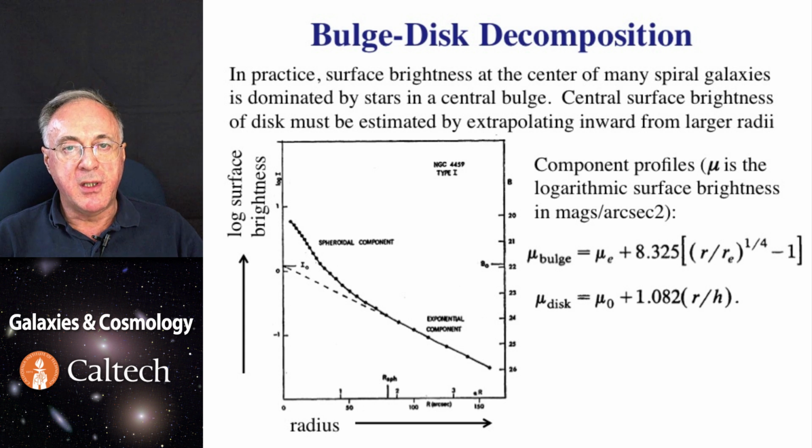And indeed, that's what you see in the outer regions. There is extra light in the middle, and that's due to the bulge. And so one can then fit an exponential disk plus the bulge component using one of the elliptical galaxy fitting formulae that we will look at in the next chapter, and thus decompose the light into bulge and disk.